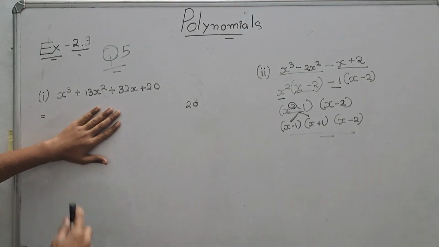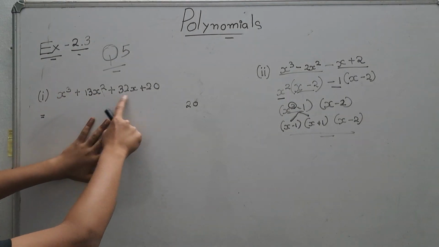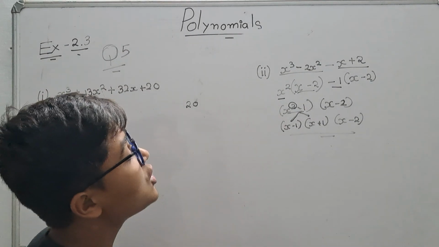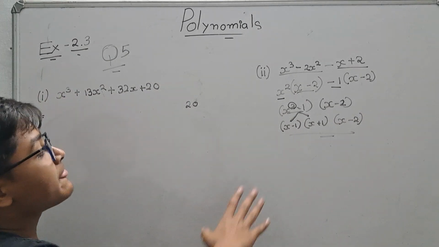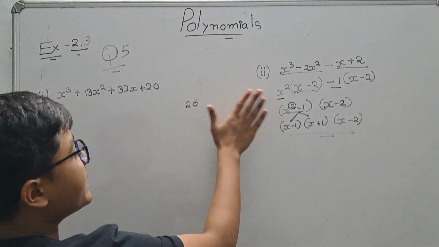But in this question, x cube 13x, there is no chance of doing it easily. So we have to do it step by step. Don't apply this trick over here.